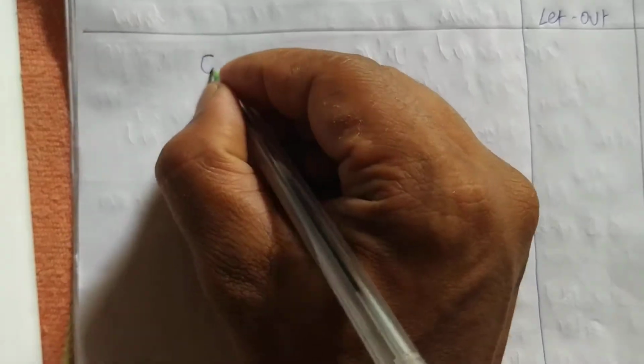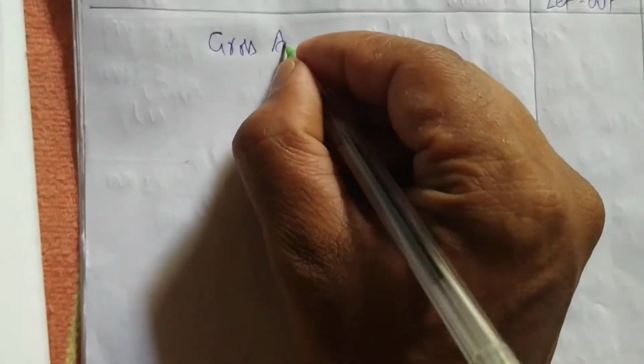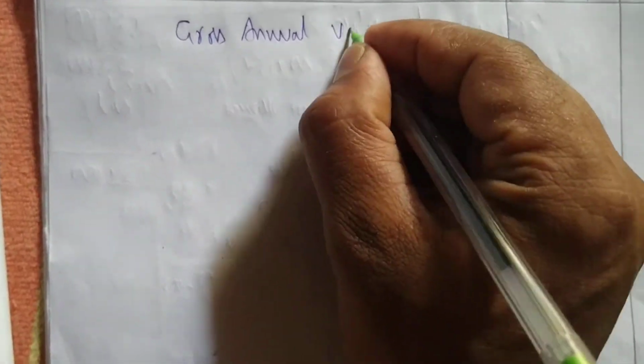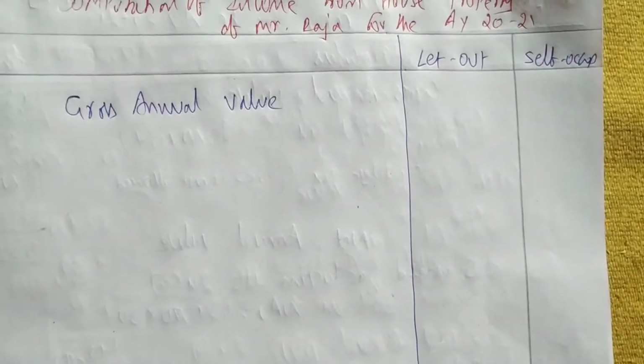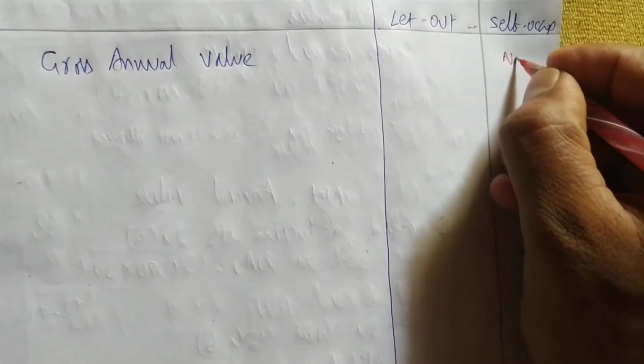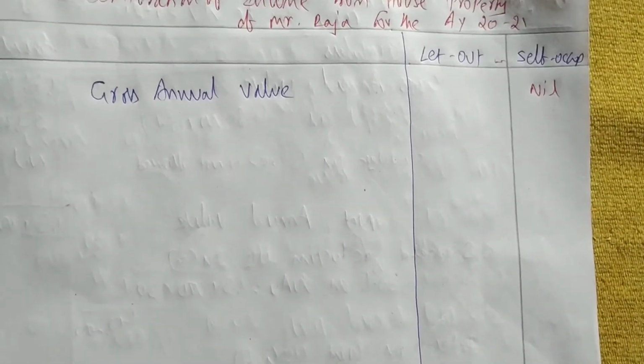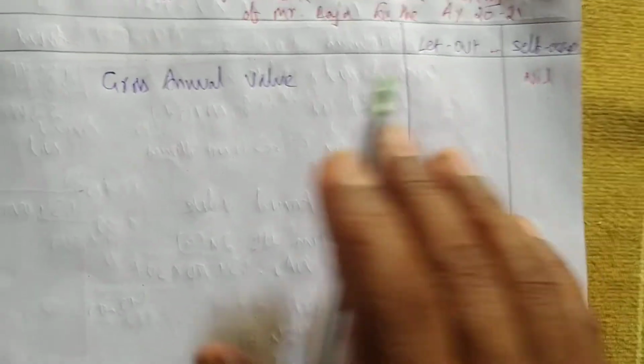So how to find out GAV first? Gross annual value, and we know for self-occupied property there will be no GAV. Okay, we have done problems in that; we have seen for self-occupied property there will be no GAV. GAV will be only for the let out portion. Okay, so let us first find out GAV.